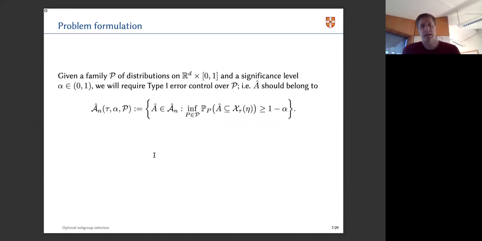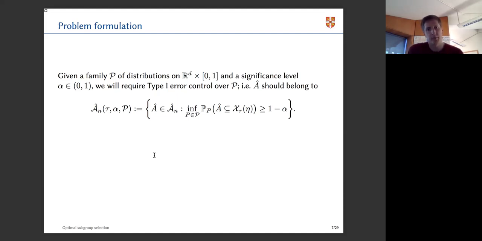How can I encapsulate this type 1 error control requirement? So to formalize it, I'm going to restrict myself to a family curly P of distributions on R to the d times [0, 1] for my pairs X, Y. I'll place some restrictions on that family later on, but for now, let's just think of this as a generic family of distributions.